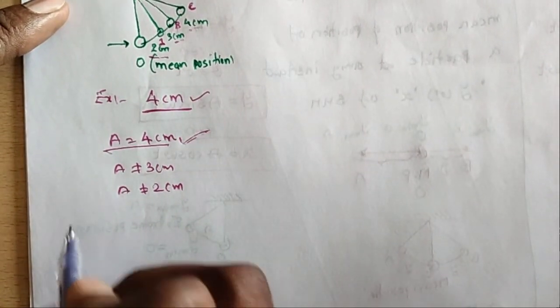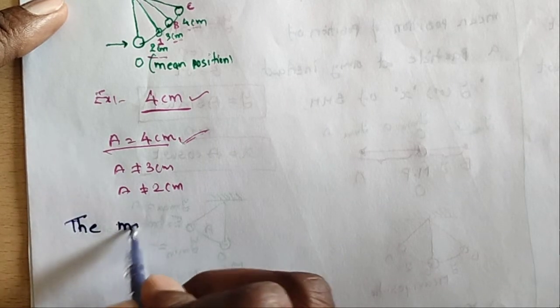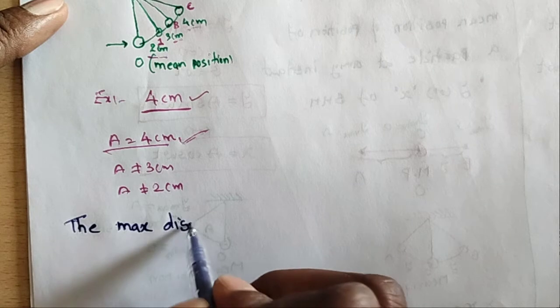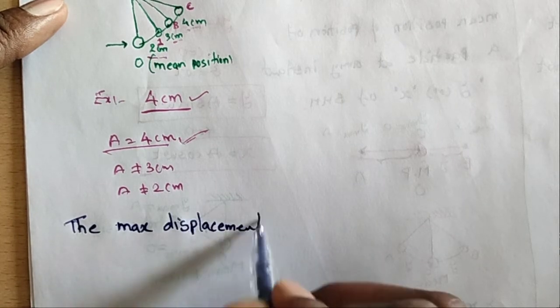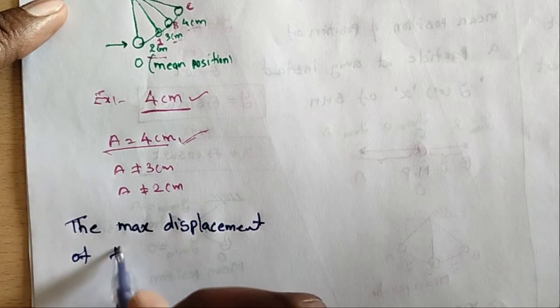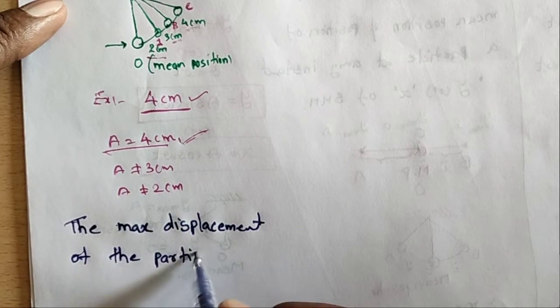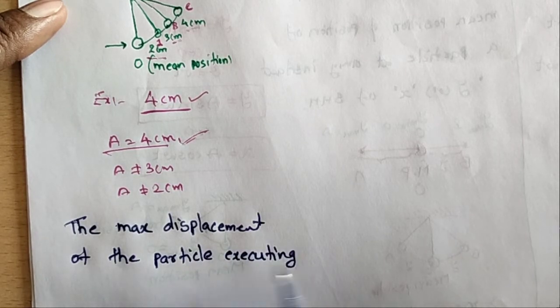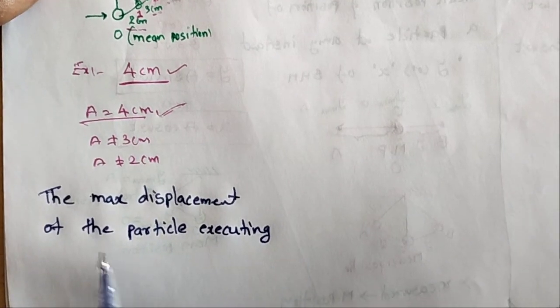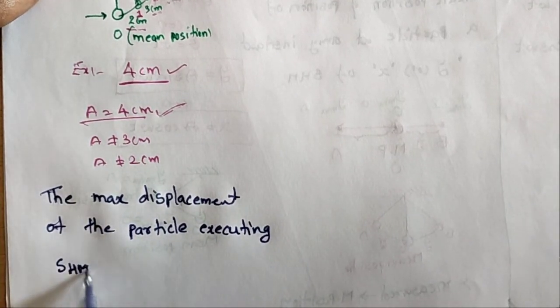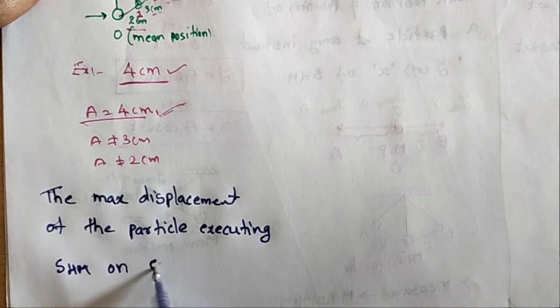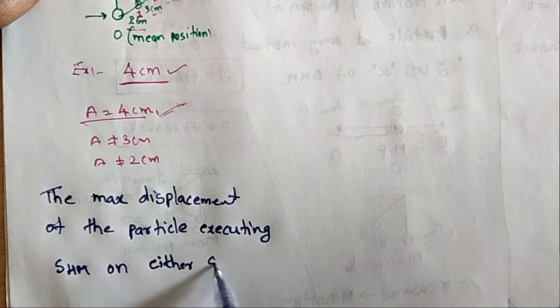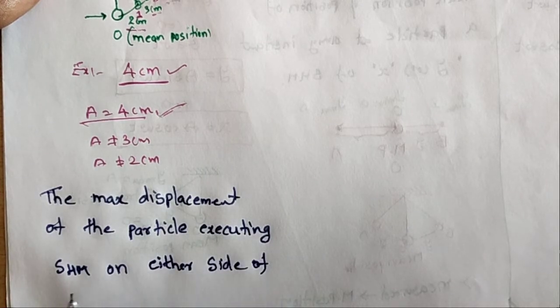So what is the definition of the amplitude? The amplitude in SHM is the maximum displacement of the particle executing SHM on either side of the mean position, maybe right side or left side.